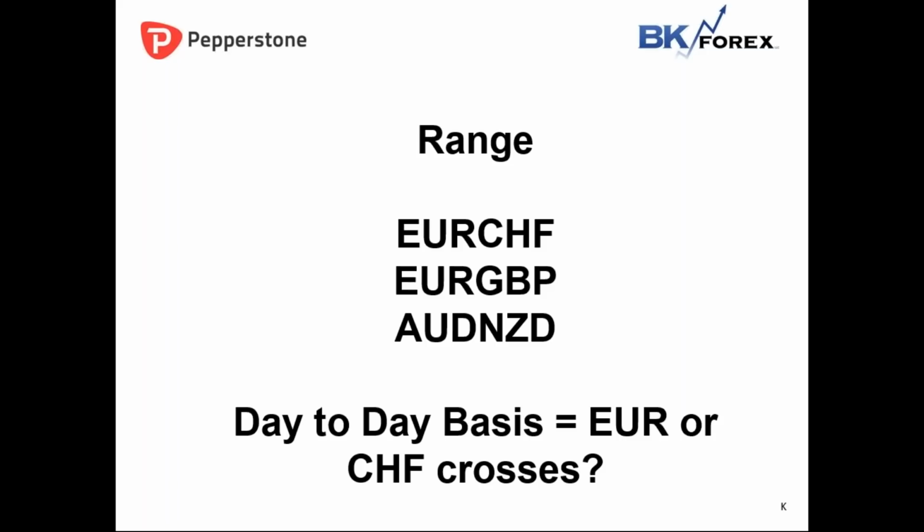On a day-to-day basis, I also like to trade euro or the Swiss crosses, like Aussie Swiss, on an intraday basis, or even Euro Aussie, Euro Kiwi, because they tend to move in the direction of risk, especially during the European and New York sessions, where the market is either in a quote-unquote risk-on mode, and they're just selling the US dollar against everything, against the euro, against the Aussie, against the Kiwi, against the Canadian dollar, and so it just becomes a relative bet of which one's worse, the euro or the Kiwi, for example, during the New York session.